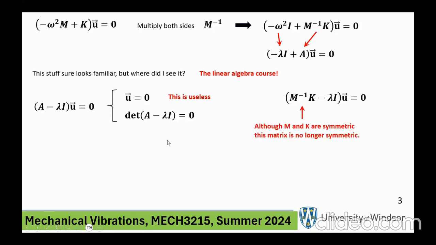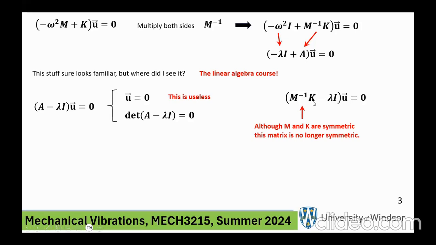Now, there's one thing though. Although M and K are symmetric in this course, by the choice of coordinates so that it makes them symmetric, the product M inverse K is not necessarily symmetric anymore. So we're kind of destroying the symmetry feature of these matrices.